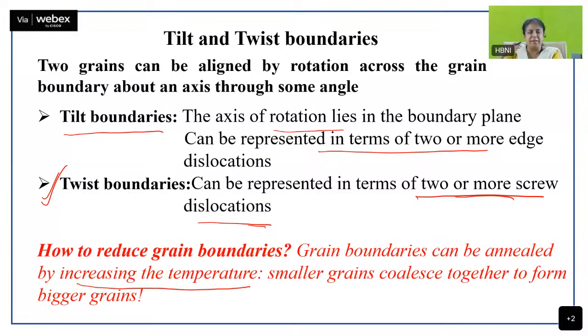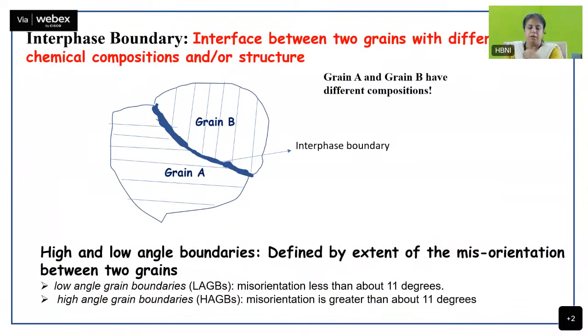So when you increase the temperature, the smaller grains coalesce. Coalesce means they come together and form a bigger grain. And when the smaller grains coalesce to form the bigger grain, obviously there is a decrease in the number of grains, and a decrease in the number of grain boundaries. Okay.